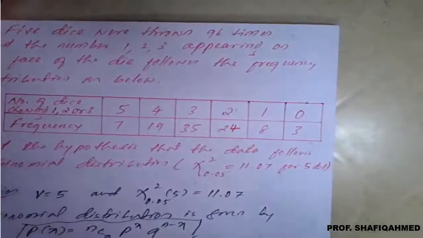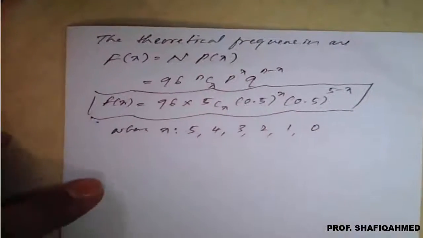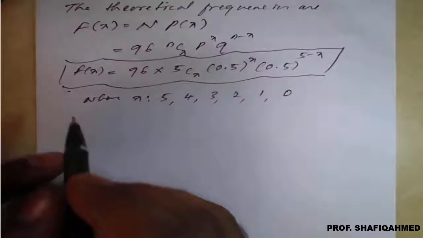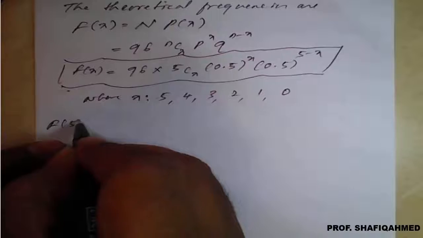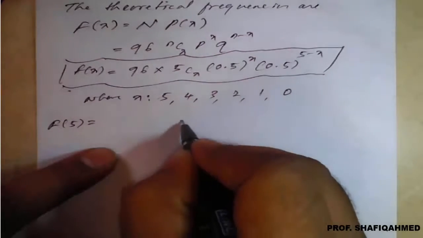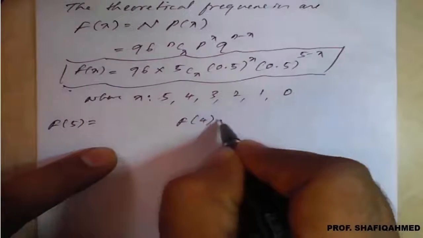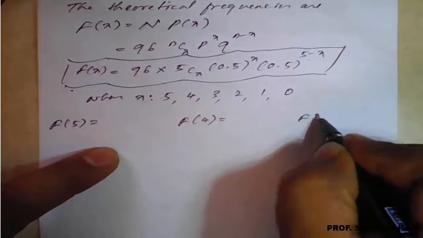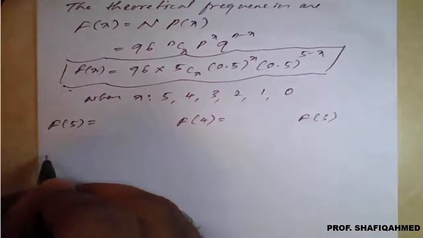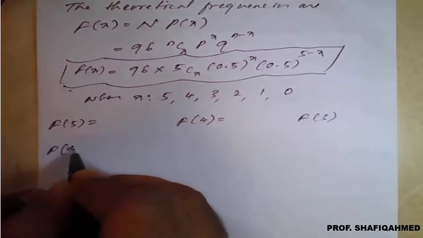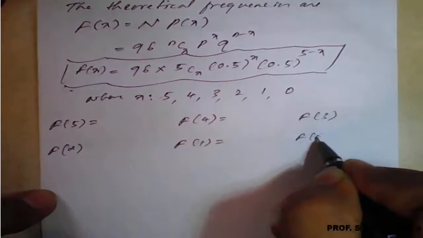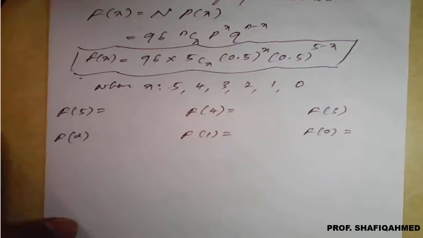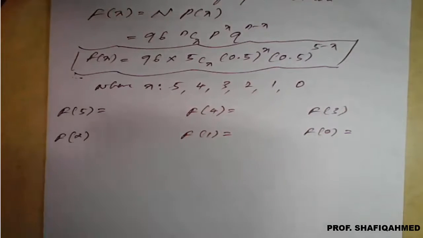So in a similar manner, we need to calculate first the f of 5 value, then f of 4, f of 3, f of 2, f of 1, f of 0. By using a calculator, we'll frame this formula.